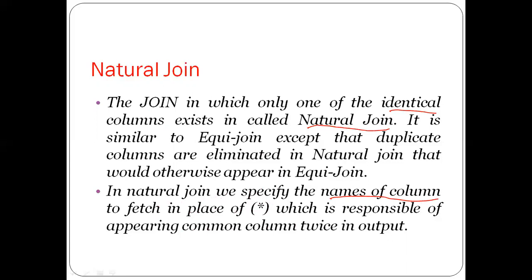In the previous equijoin you have to write an asterisk, meaning all records will be selected. Here you have to write a column name for joining, which is responsible for appearing a common column twice in the output. So that will ensure common columns will not display twice in the output.